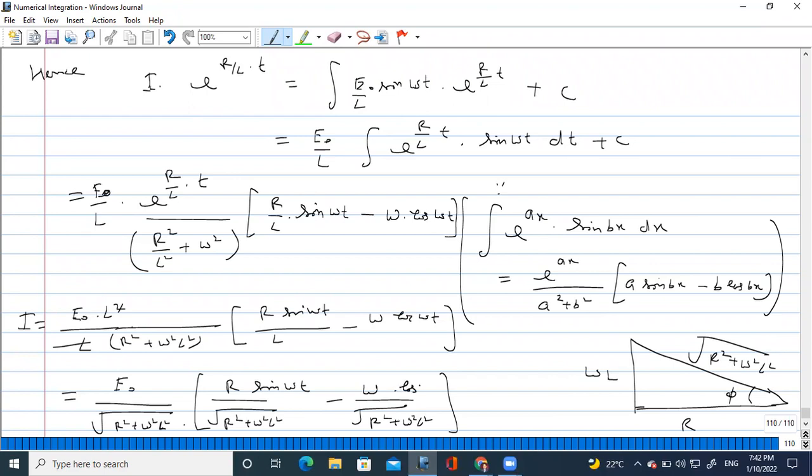But sir, there was an L there with the term R upon L sin omega t. L and L will cancel. This L I am multiplying inside, L to L will cancel, and this L will go here with omega. Understood? Note it down.